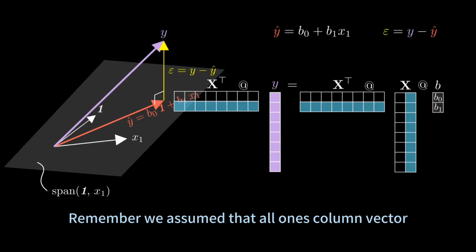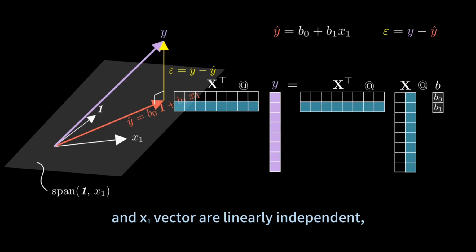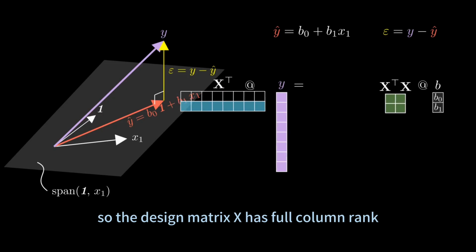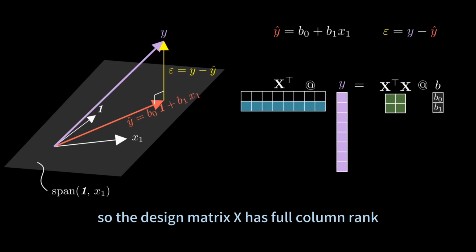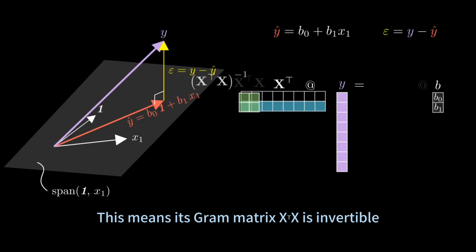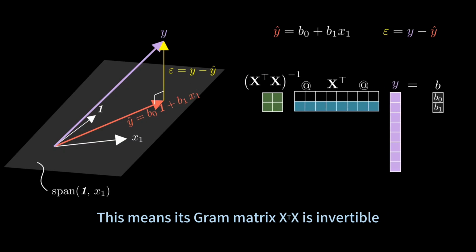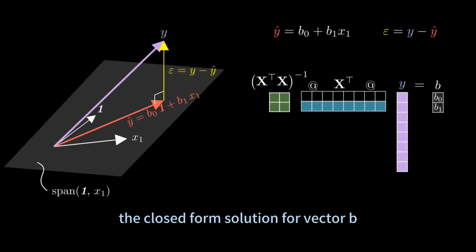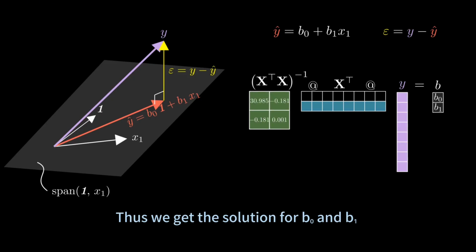Remember, we assumed that the all ones column vector and x1 are linearly independent. So the design matrix X has full column rank. This means its Gram matrix X transpose times X is invertible. And from this, we can finally derive the closed form solution for vector B. Thus, we get the solution for B0 and B1.